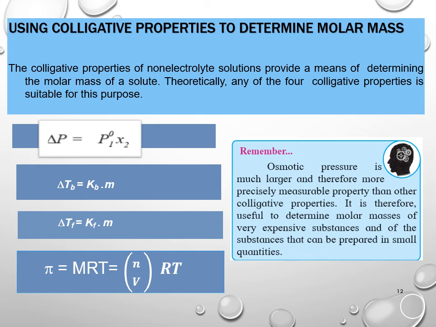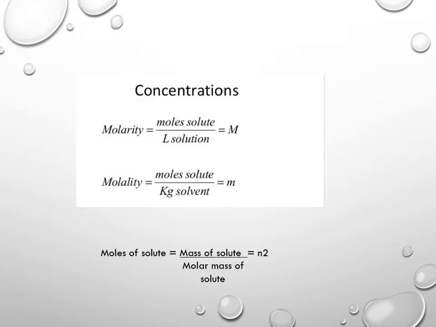But out of the four, osmotic pressure is a more precise and measurable property than the other colligative properties. Therefore it is used to determine the molar mass of most of the substances.